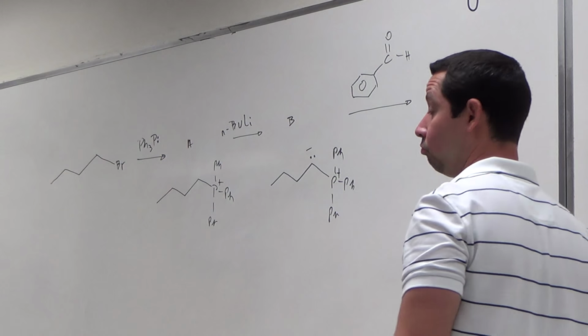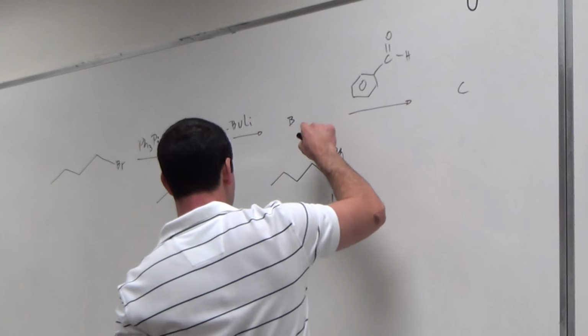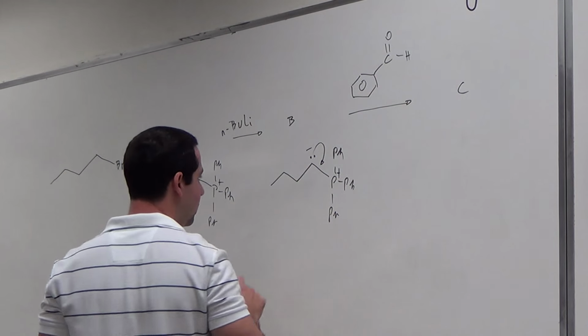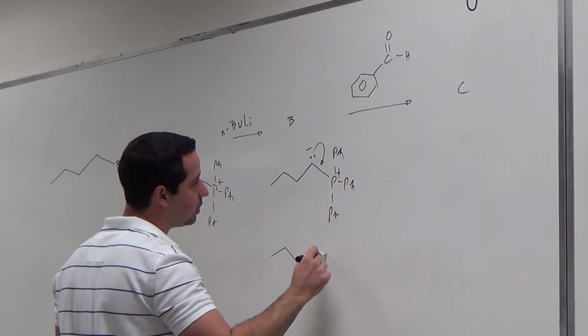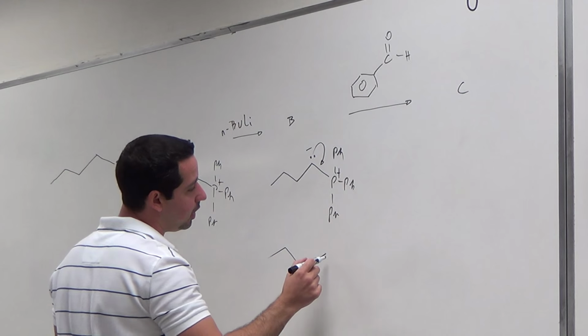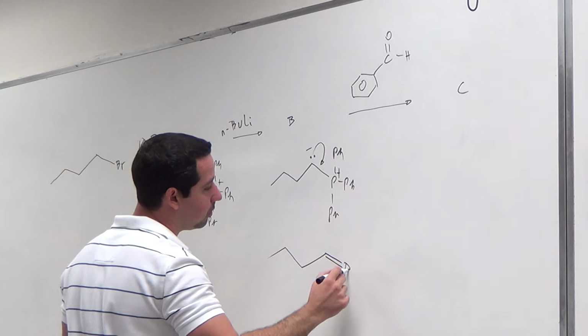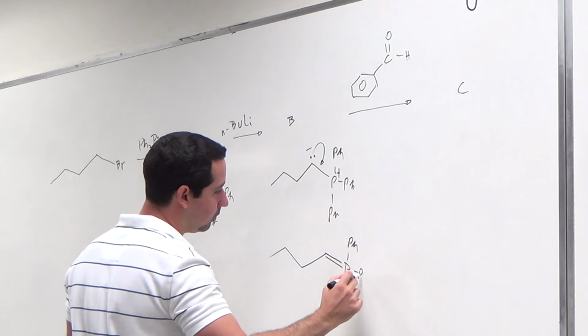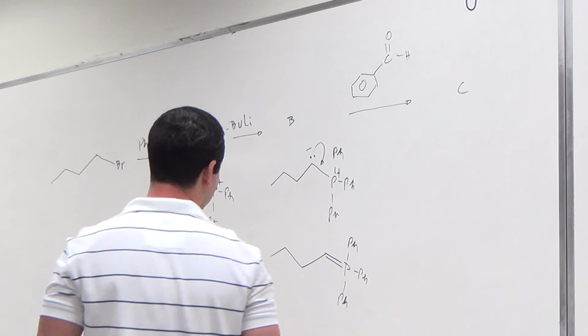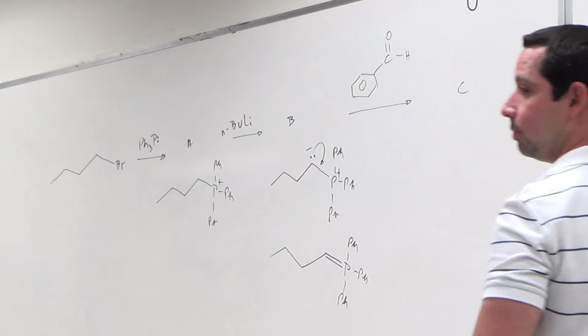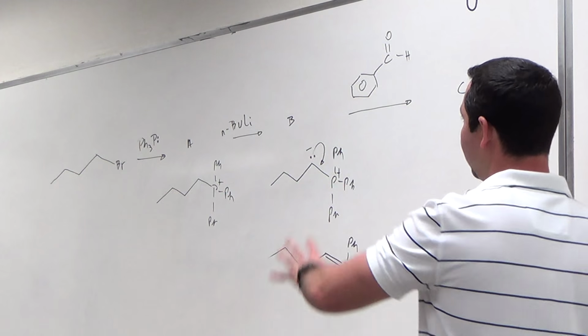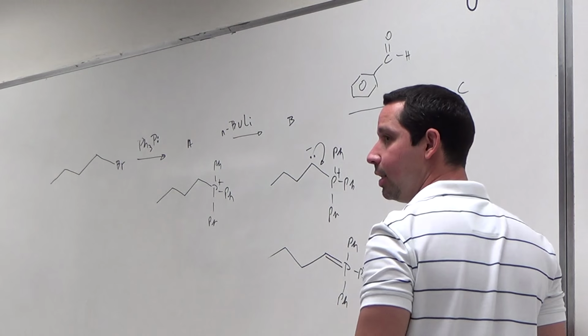Of course, that is going to do a resonance structure, and now it is going to look like this, with the P. You agree? And now I'm going to react it with this benzaldehyde.